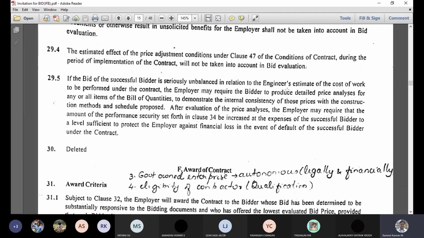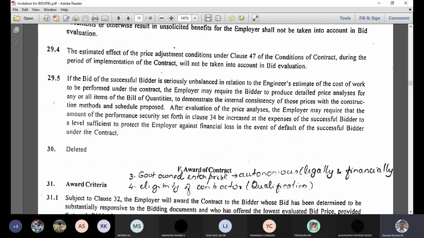Then very importantly, this is where we look at whether the successful bidder is unbalanced in relation to the engineer's estimate. The person who invites the bid also has their own measure of the approximate value of the project. That is what they take as a benchmark to evaluate the bidders.